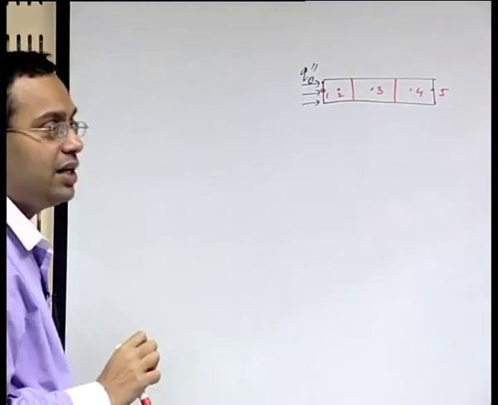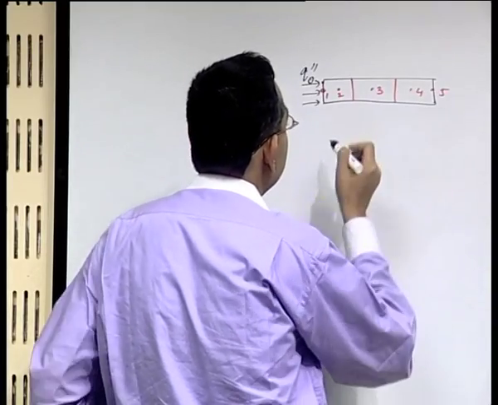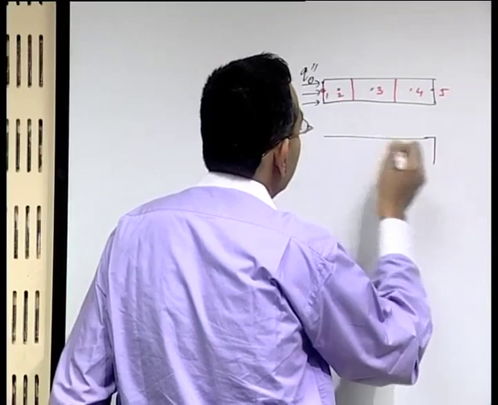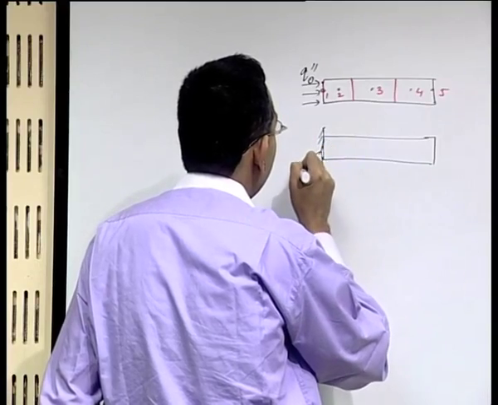Now, compare it with a hypothetical case that this boundary is insulated, that is the heat flux is 0.